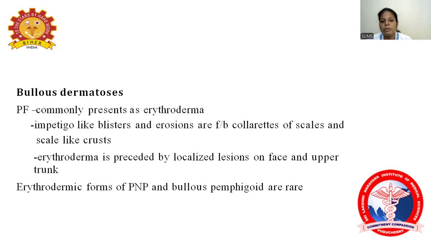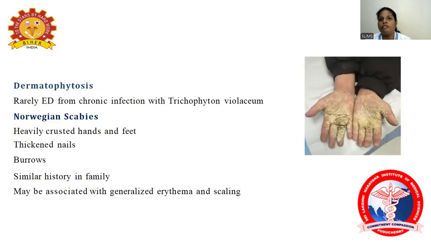Erythrodermic forms of paraneoplastic pemphigus, which is associated with malignancies, and bullous pemphigoid are rare. Dermatophytosis is nothing but ringworm infection, like tinea infection, which is most commonly caused by Trichophyton rubrum. Chronic infection with Trichophyton violaceum rarely causes erythroderma.